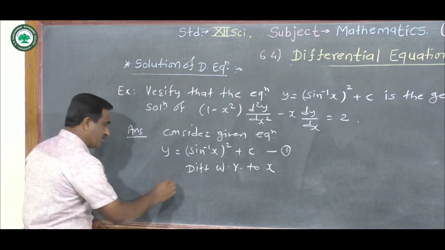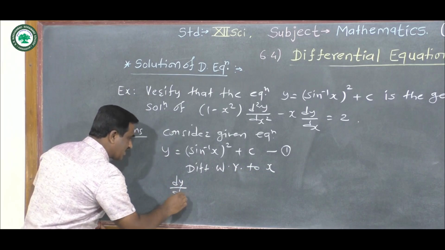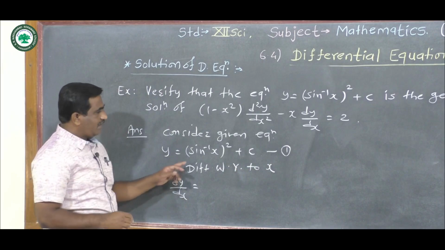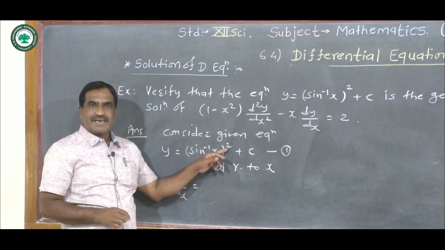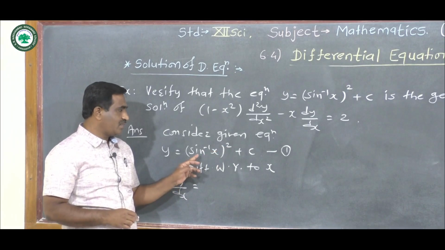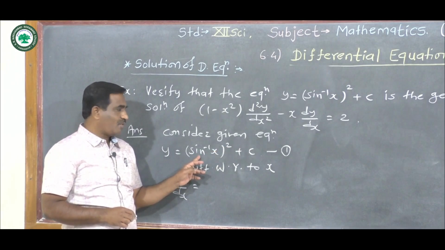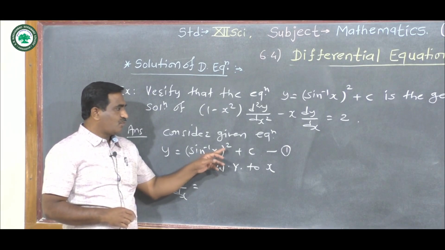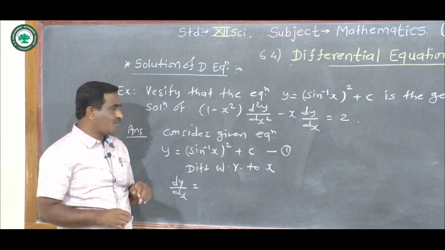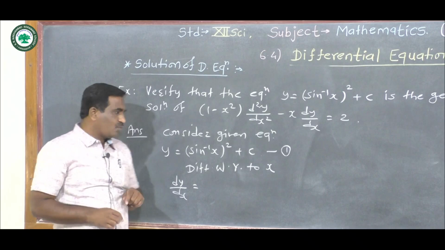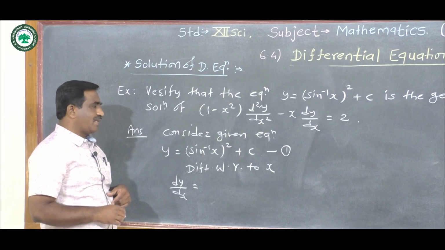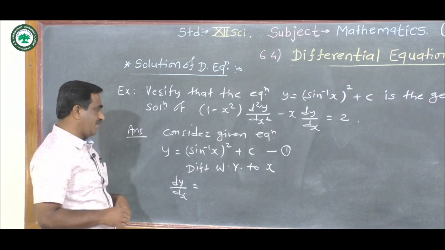Derivative of y, dy by dx, equal to derivative of sin inverse x bracket square. This is the composite function. Suppose sin inverse x as f of x raised to 2. We know that the derivative of f of x raised to 2 means 2 into f of x raised to 2 minus 1 into f dash of x.